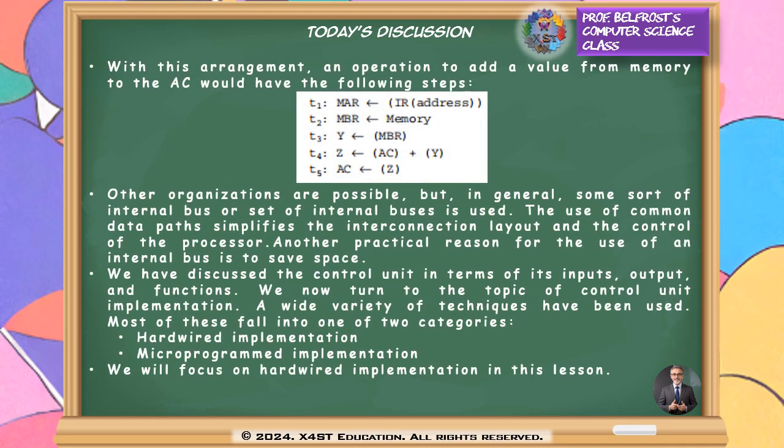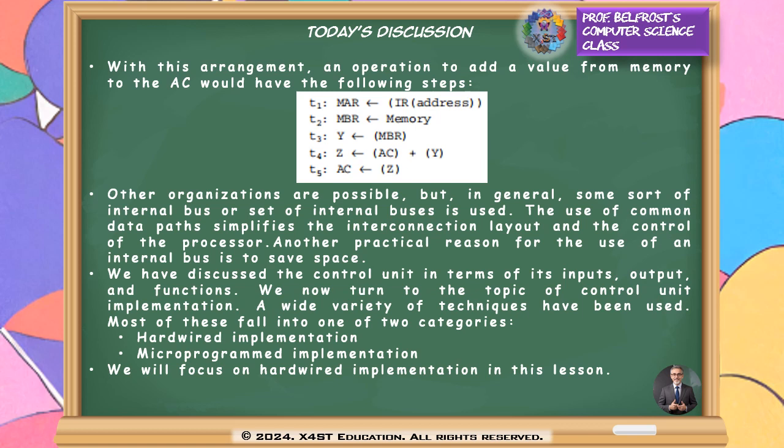With this arrangement, an operation to add a value from memory to the AC will have the following steps, as shown on this slide. Actually, other organizations are possible, but in general, some sort of internal bus or set of internal buses is used. The use of common data paths simplifies the interconnection layout and the control of the processor. Another practical reason for the use of an internal bus is to save space.